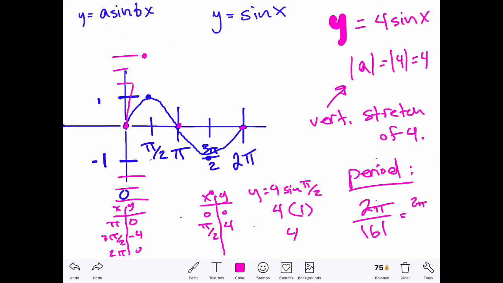So notice this has the same period length. That's the distance from here to one wave being completed, one cycle. But it's got a different amplitude.